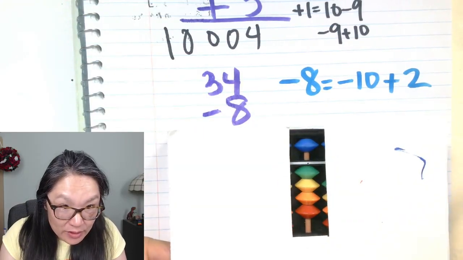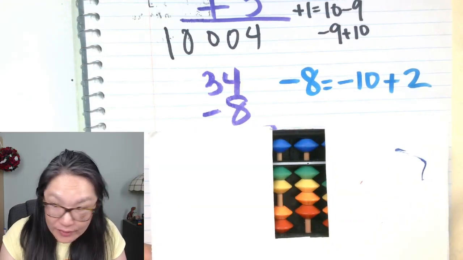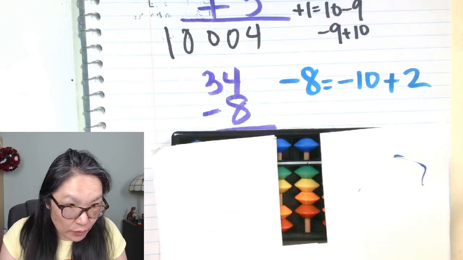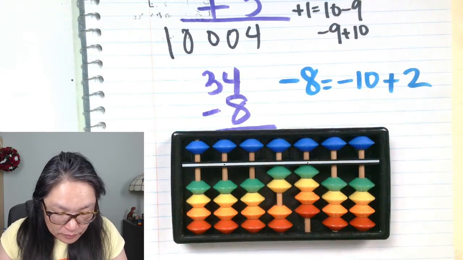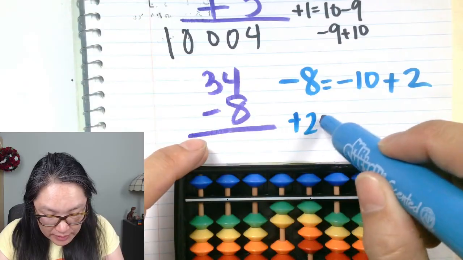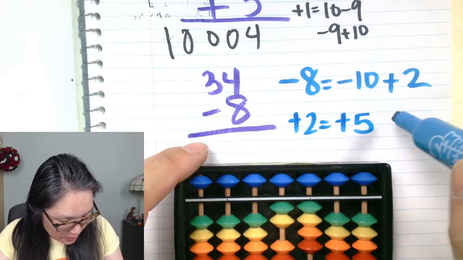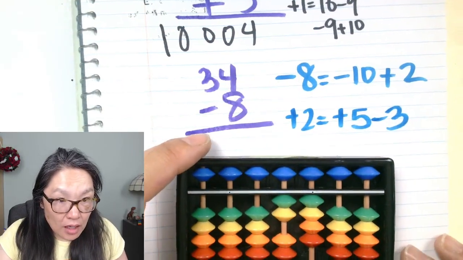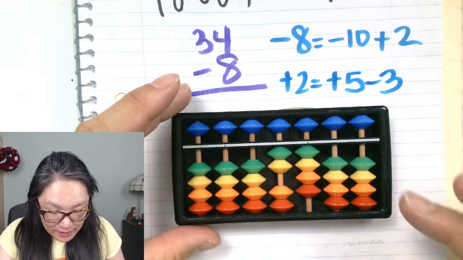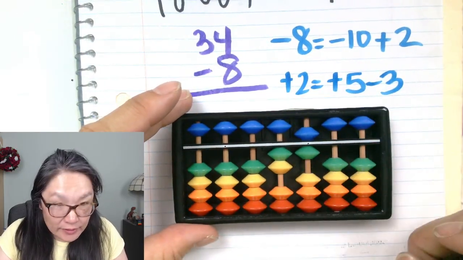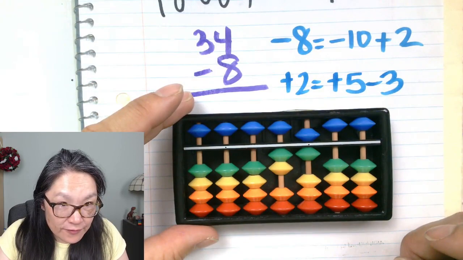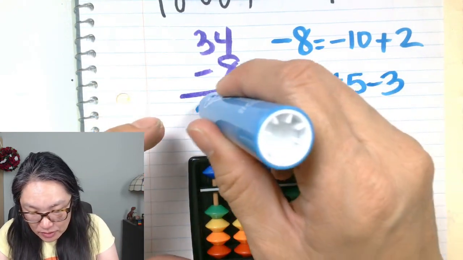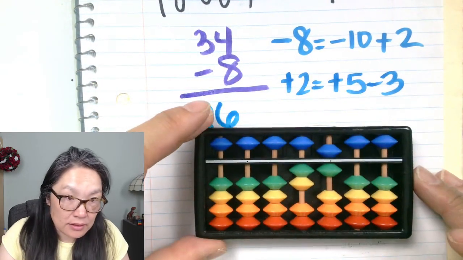How do we add the 2 to here? We know this. Adding the 2 is equal to plus the 5 minus the 3. My final answer is 26.